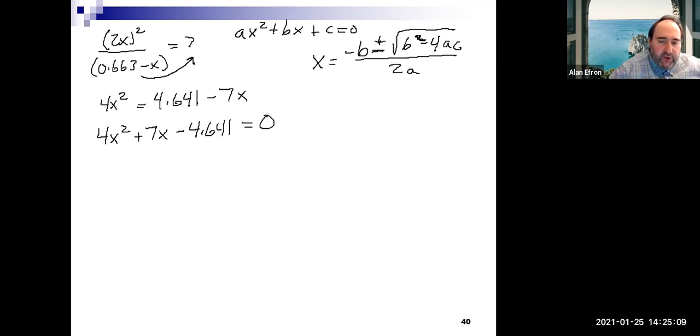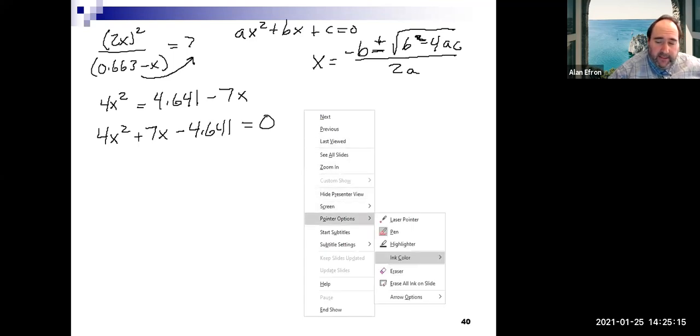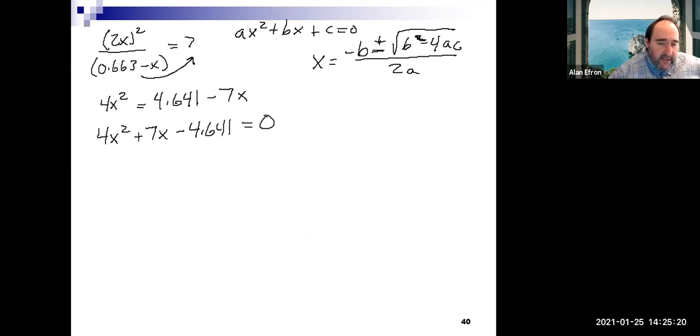As we will see shortly, in certain cases, one of those answers will not make sense and the other one will. Looking at our equation, this would be A, this would be B, and this would be C, including the negative that goes with it. So that's our A, B, and C.